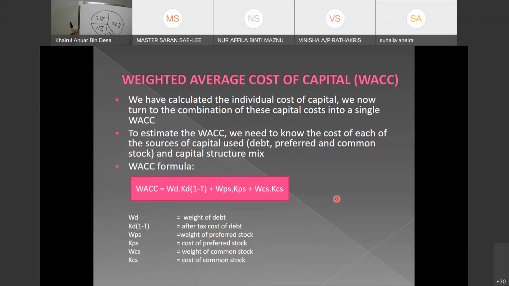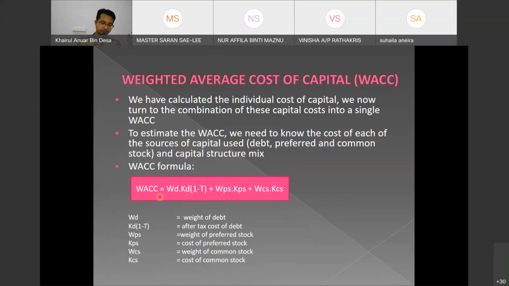That is what we call the capital structure mix. Maybe 25% common share, 25% preferred share, 35% debt, and only 15% retained earning. That is what we call the capital structure mix.